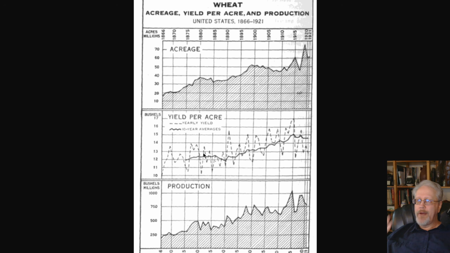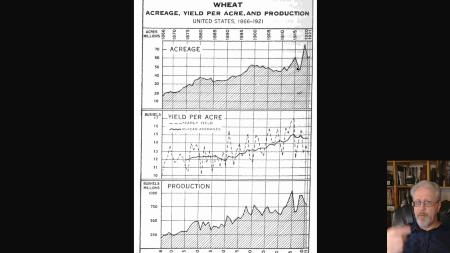And when we look at yield per acre, we're going from about 12 bushels per acre to about 15 bushels per acre. These are 10-year running averages. Obviously, you see the year-on-year numbers can swing wildly, and we certainly don't have that yet in the game, but that's another area of discussion. Definitely, this is only a 25% increase.